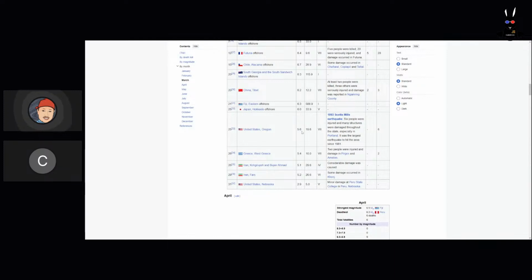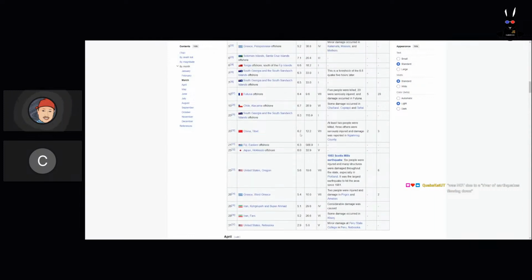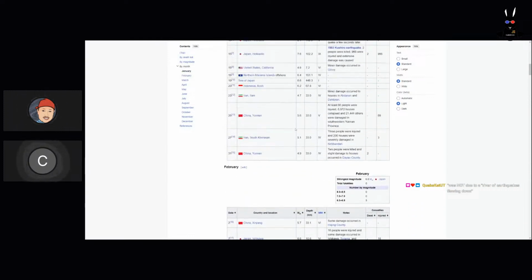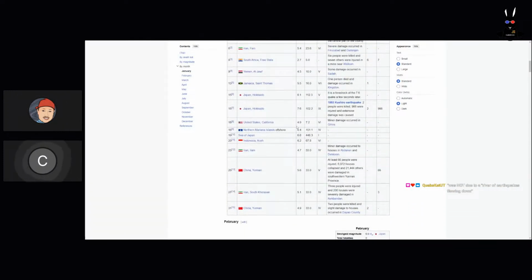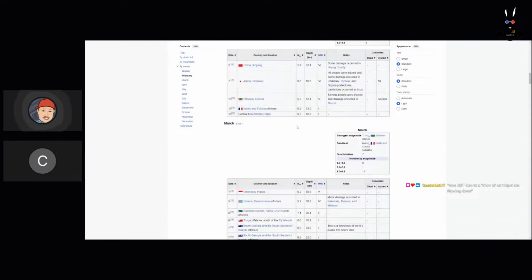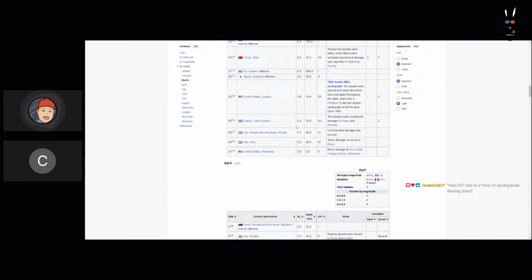Oregon 5.6. That's interesting. So we have, yeah, Scotts Mills. I've looked that one up before. Oregon, Scotts Mills. Scotts Mills is one of those faults that's inland from the coast a little bit. So I looked it up before. Right. It's basically Portland.